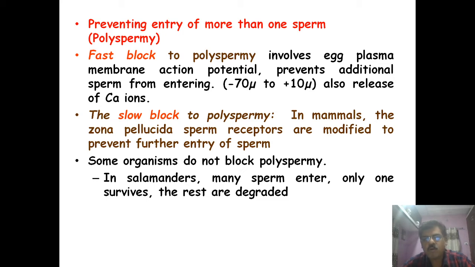The slow block to polyspermy in mammals: the zona pellucida sperm receptors are modified to prevent further entry of sperm. Some organisms do not block polyspermy. In salamanders, many sperm enter, but only one survives and the rest are degraded.